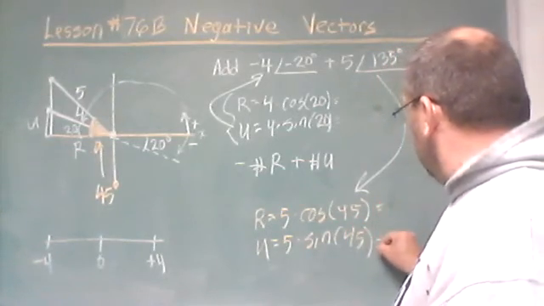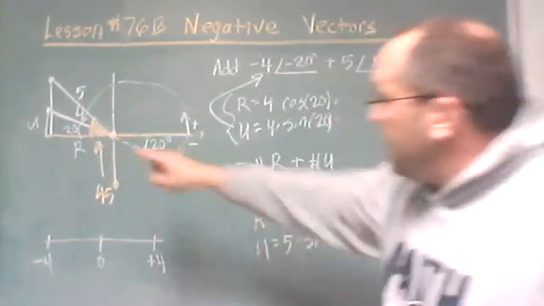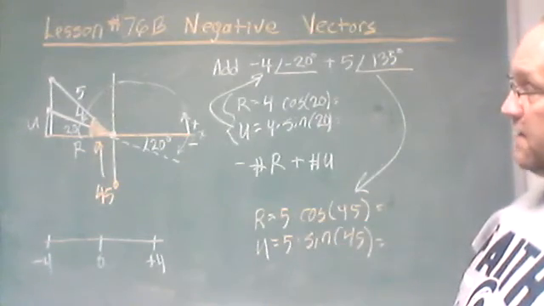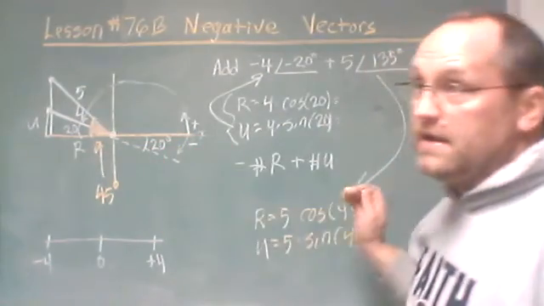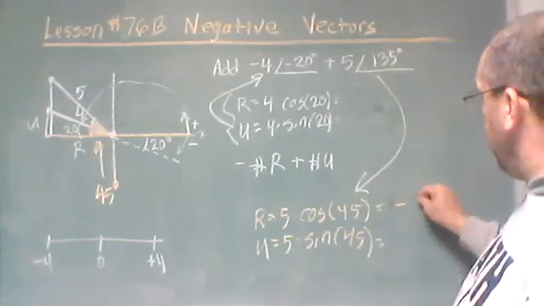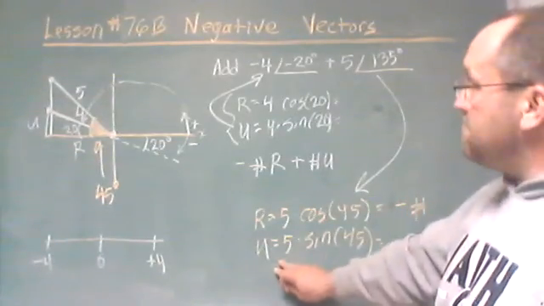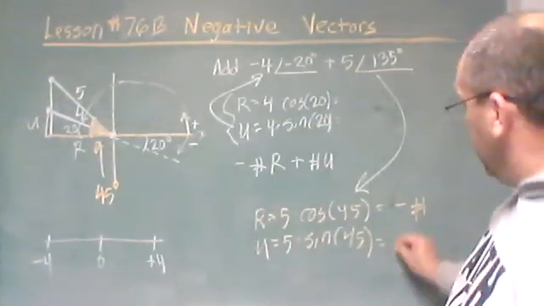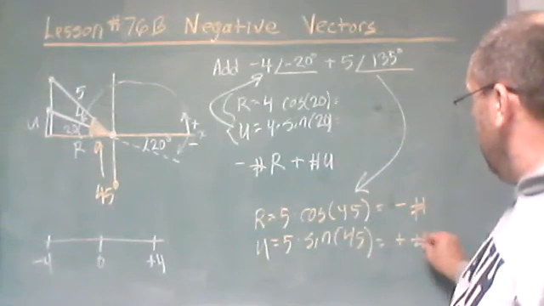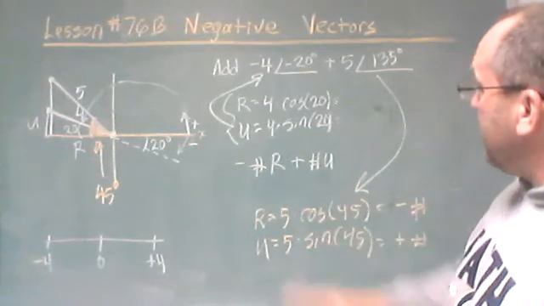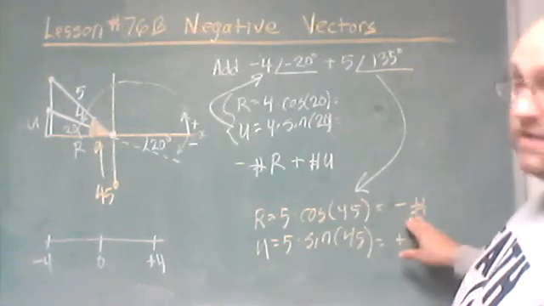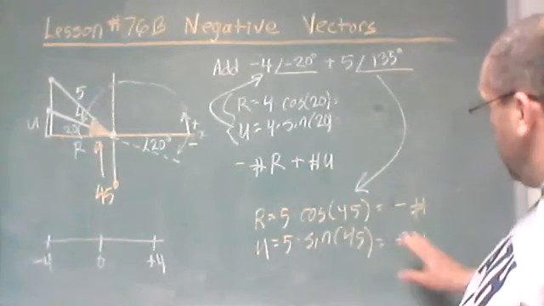Then I look at those. What is going to be negative and what is going to be positive? My r component, heading to the left, is going to be a negative number. My u component goes up, so it's going to be a positive number. Then I simply add this r and this r, this u and this u.